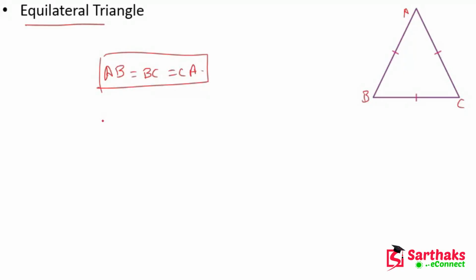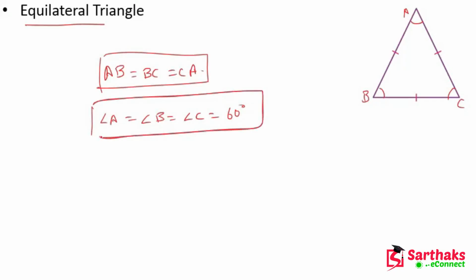Due to this, all the internal angles are equal, so angle A, angle B, and angle C are all 60 degrees. Angle A is equal to angle B is equal to angle C is equal to 60 degrees.